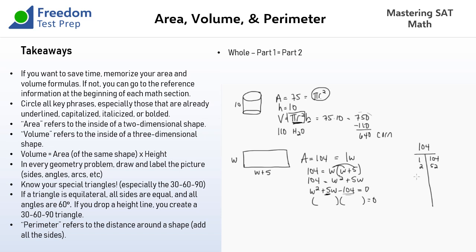3 is not going to go into it. 4 would go into it twice with 2 left over, 6. Okay, and luckily this is the calculator section, so you can just start. You know it's not going to be 5 because this doesn't end in 0 or 5. Probably 6 is not going to work because usually 6 works if it's divisible by 2 and 3.